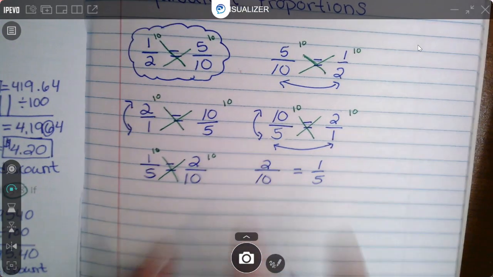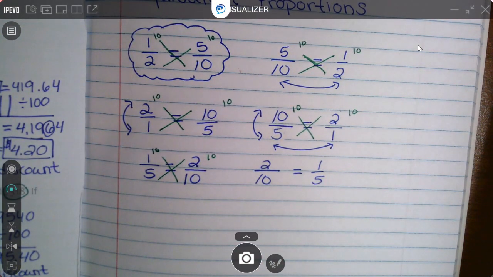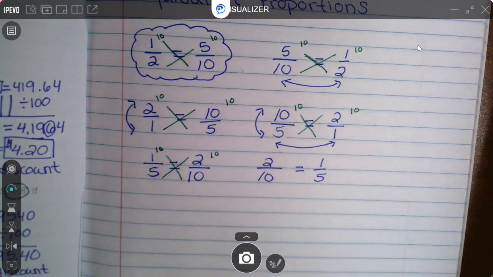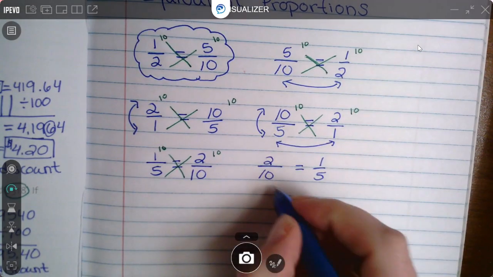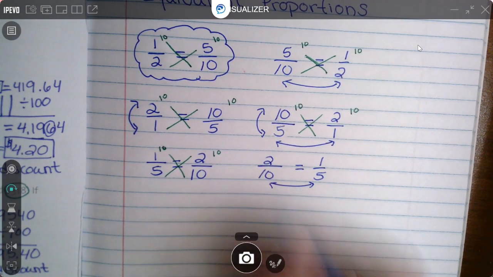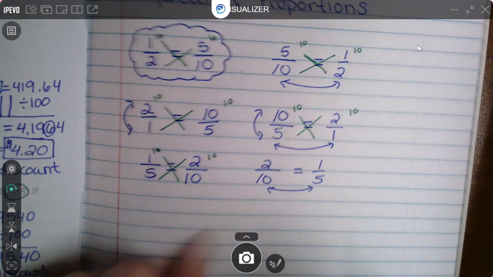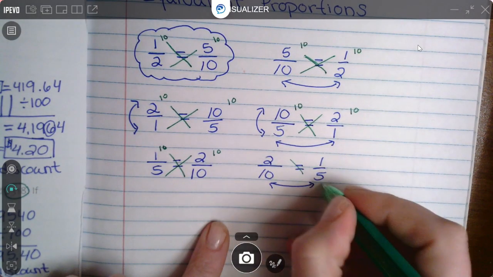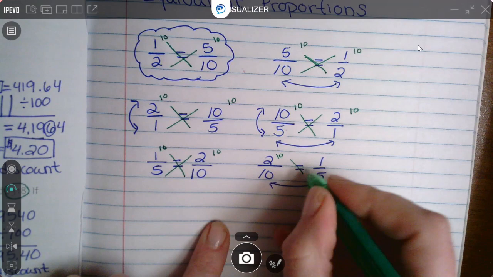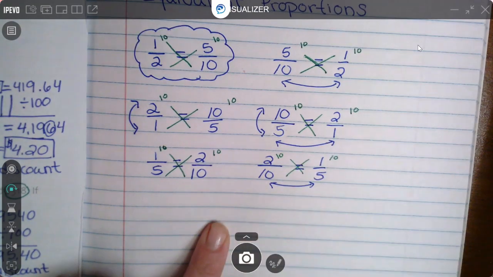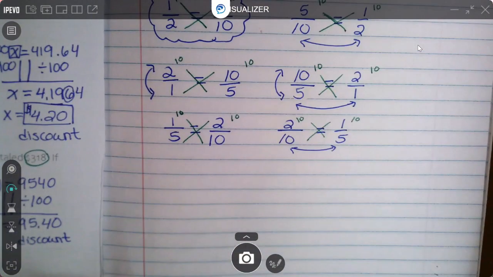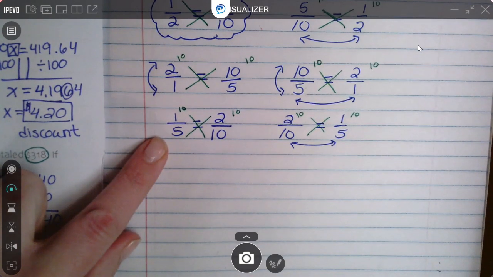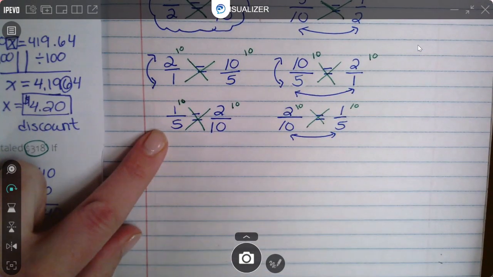All I've done is flip my equation left to right. And when I cross multiply, 5 times 2, 10, 10 times 1, 10. It works out.